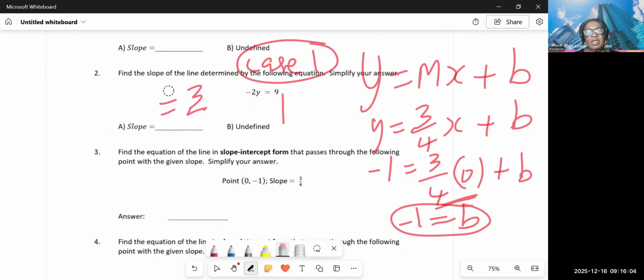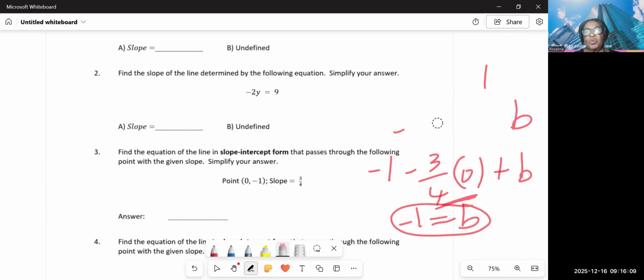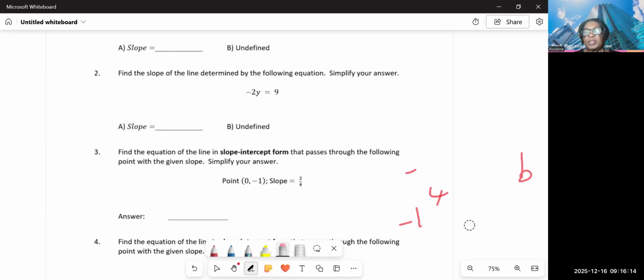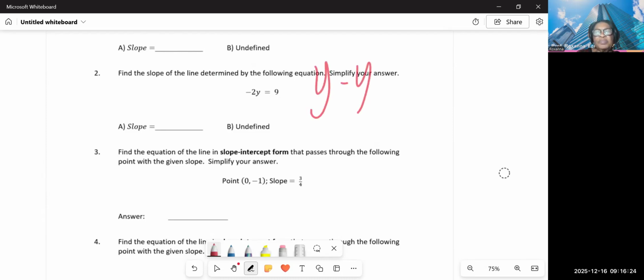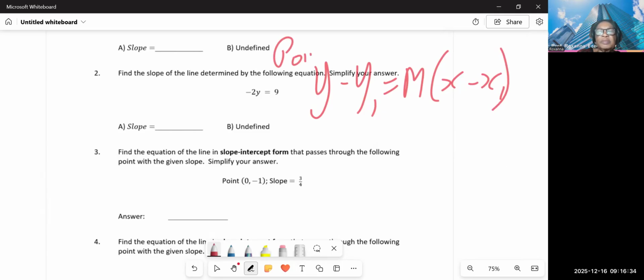Whenever you're told to find the equation of a line in slope-intercept form and you're given a point and the slope, you can use the point slope formula. The point slope formula says y minus y1 is equal to slope times x minus x1.